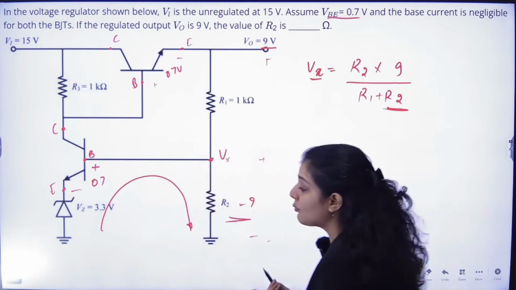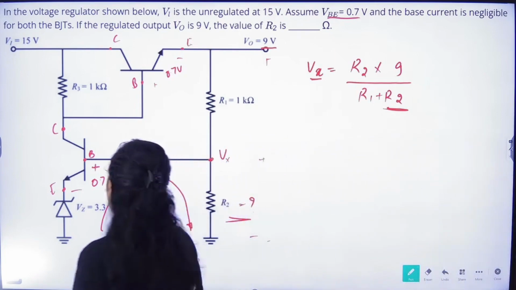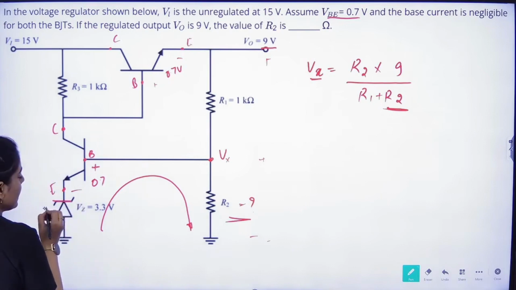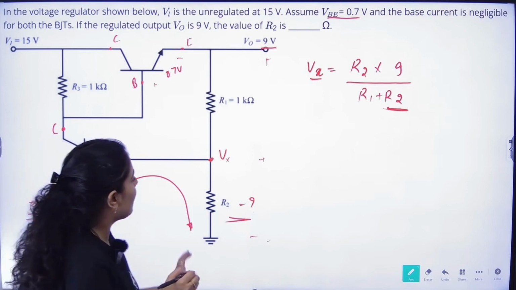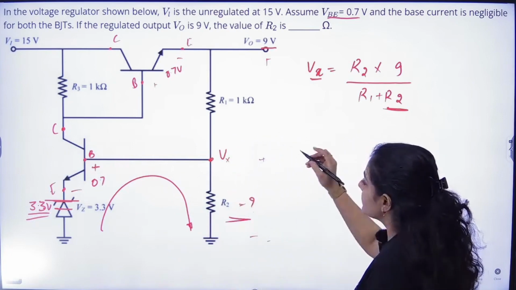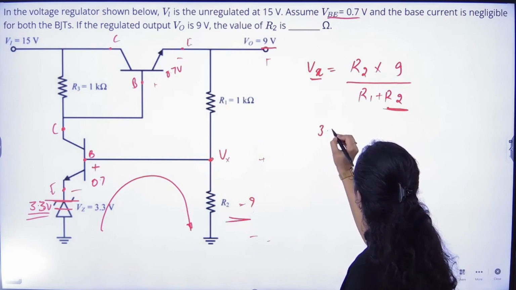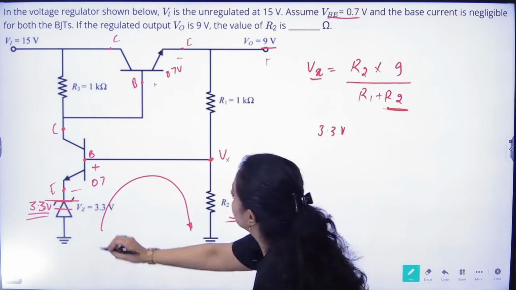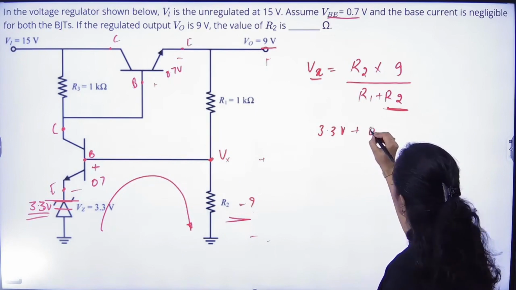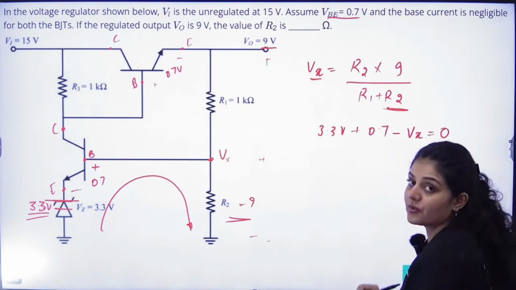Since it is a voltage regulator circuit, the voltage across this Zener diode given to us is 3.3 volts. Now if I apply KVL starting from here: 3.3 volts plus 0.7 volts minus Vx is equal to 0.